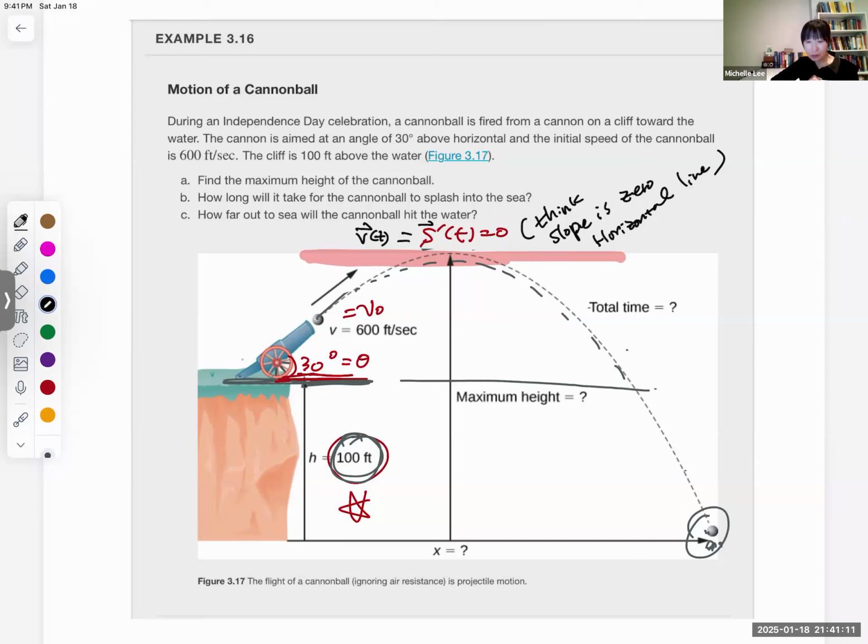Yeah. Okay. Then how do you find it? So we want to find the time t. Then we actually substitute it into the position vector, right? That is the maximum height we can find. Make sense? All right, let's do it.